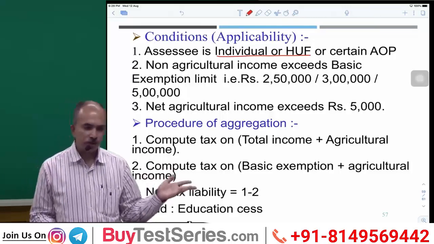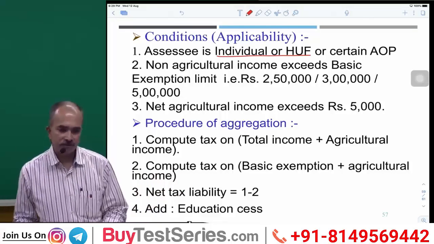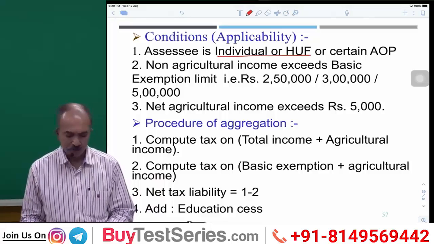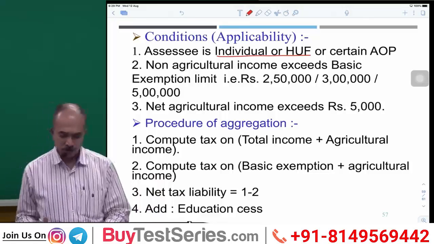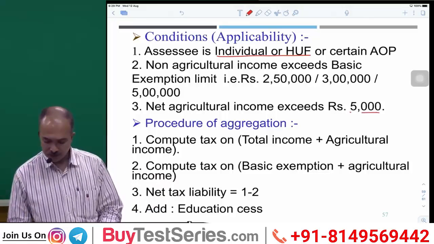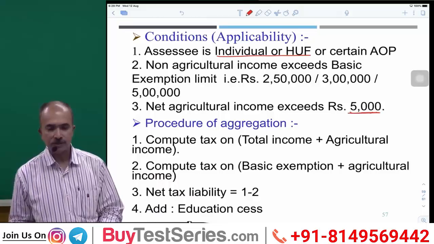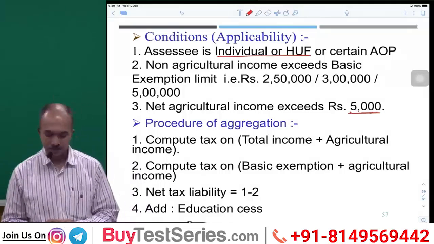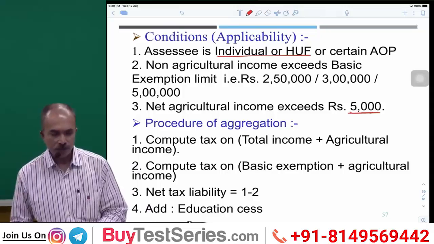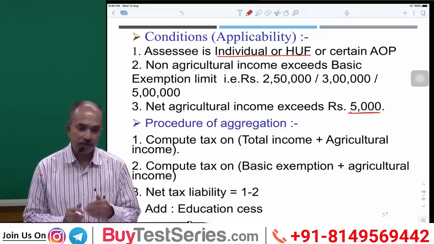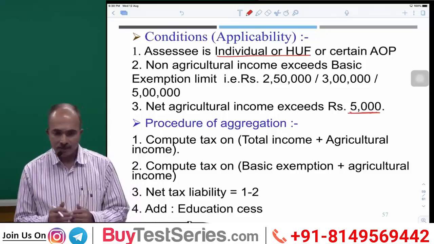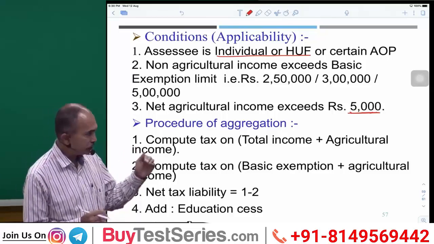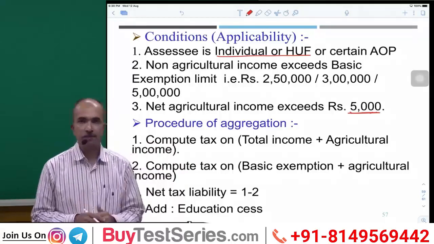Basic exemption 2.5, 3 lakh or 5 lakh as applicable. Third basic condition, your agricultural income should exceed 5,000 rupees. अगर ये तीनों conditions satisfy होते हैं, then you have to do the calculation of income tax by a method known as aggregation of agricultural income.